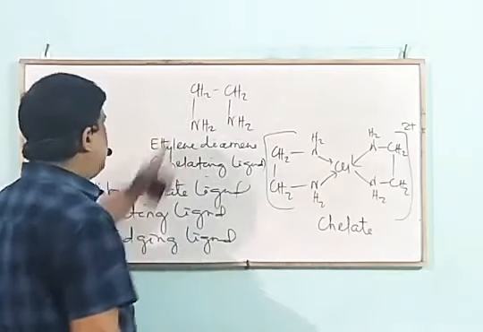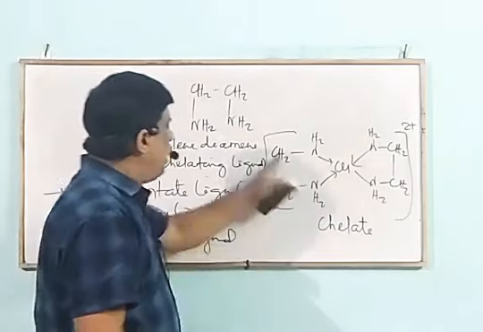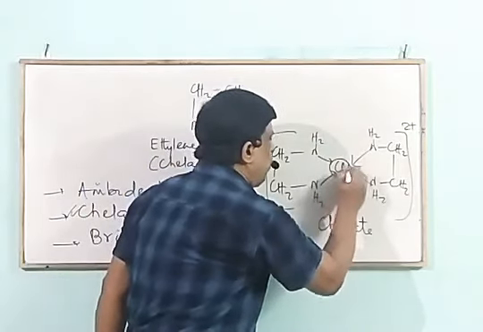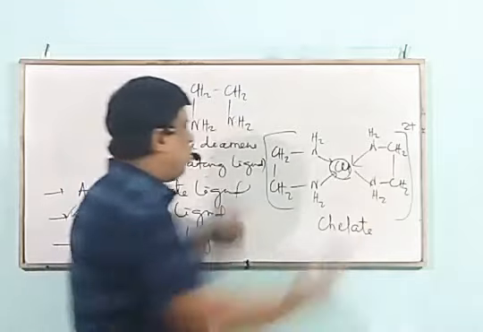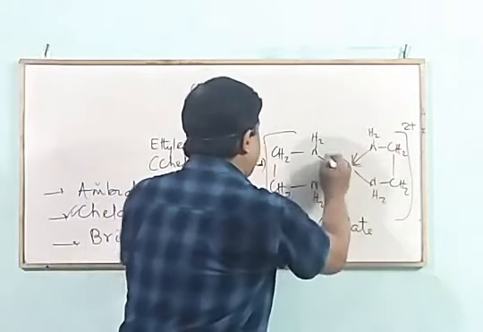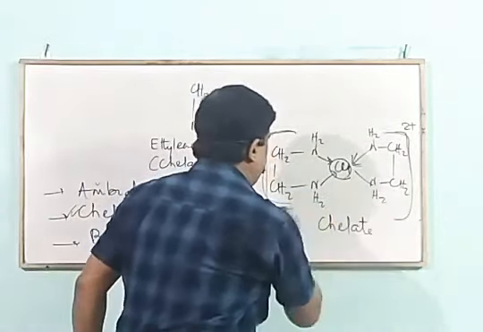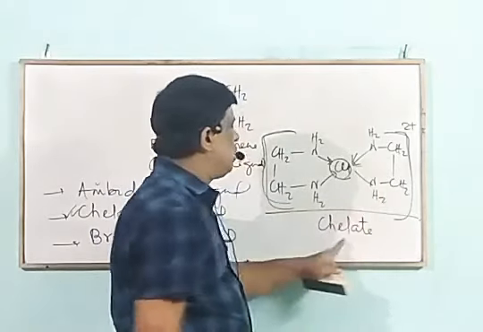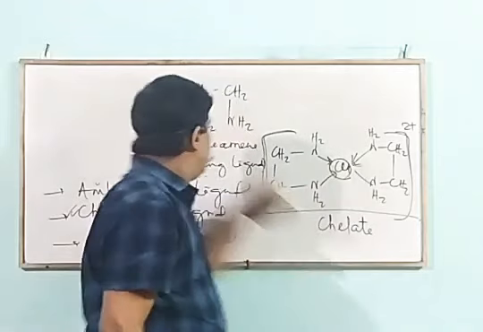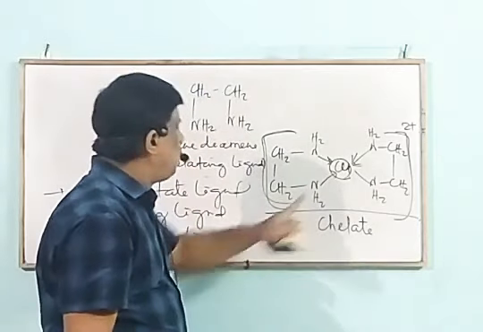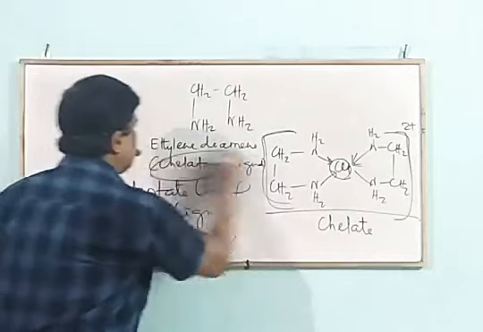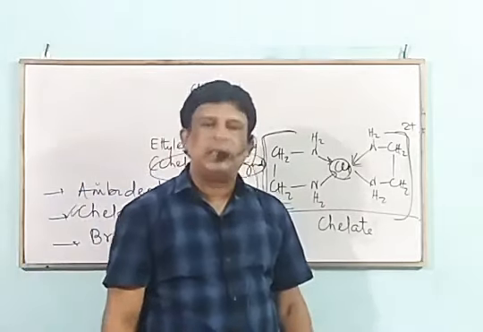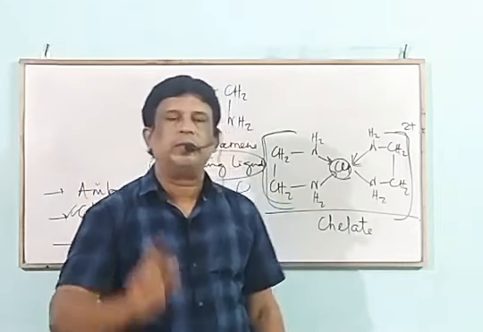Mark that it is a bidentate ligand. When two ethylenediamine donate to a copper ion, Cu2 plus ion, forming a ring-like structure, then this ring-like structure is known as a chelate. The ligand used for the formation of the chelate is known as a chelating ligand, and the process of formation of that chelate is known as chelation.